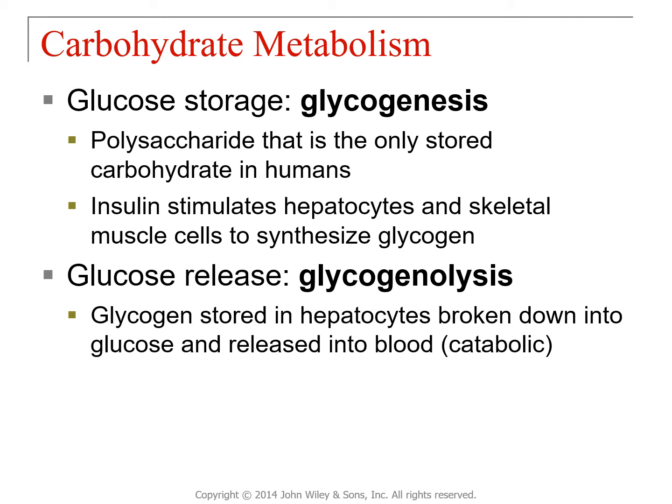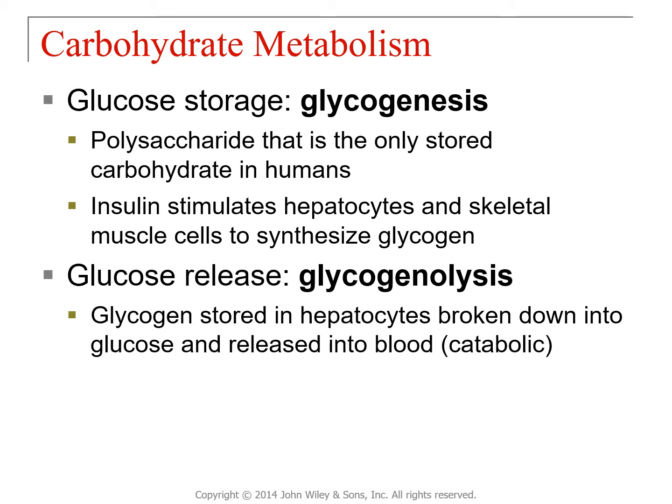So this is a catabolic reaction. Glycogenesis is anabolic. Glycogenolysis is catabolic. This process is inhibited by insulin and promoted by insulin's counter-regulatory hormones, including glucagon, epinephrine, norepinephrine, as well as cortisol.